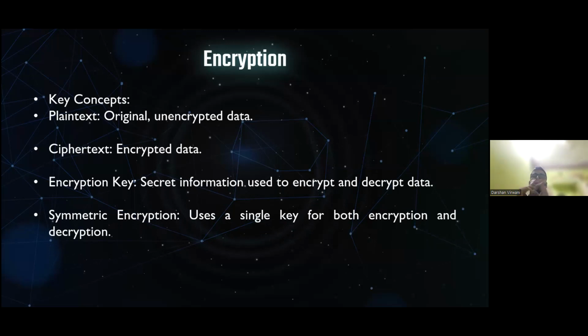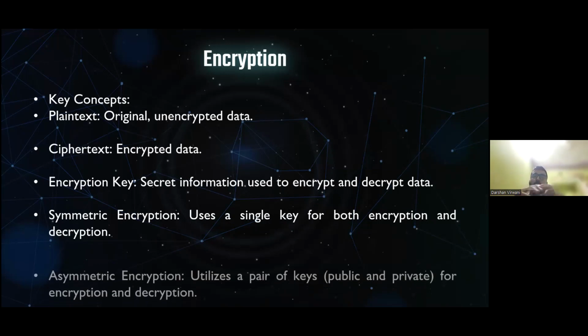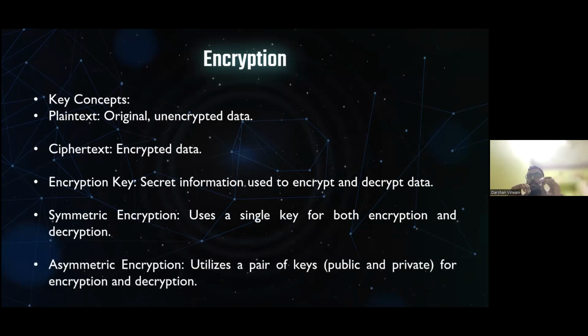Next is symmetric encryption. What does it mean? It uses a single key for encryption and decryption. For example, if I am user A and another user is B, we both have a single key. I will encrypt the data and the other user will decrypt it. Next is asymmetric encryption. What does it mean?